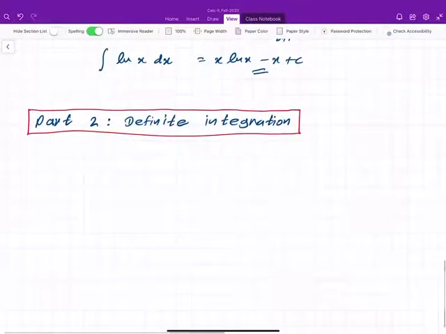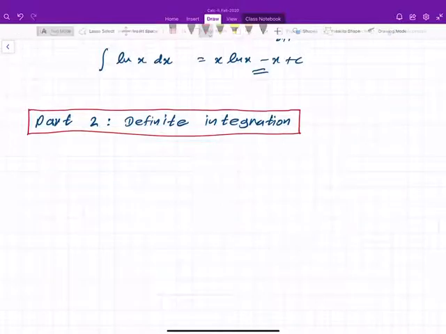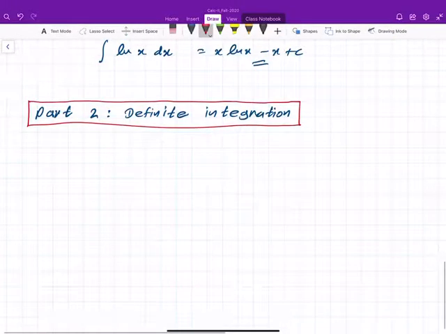All right. First of all, I will give you the theory part of the definite integration.